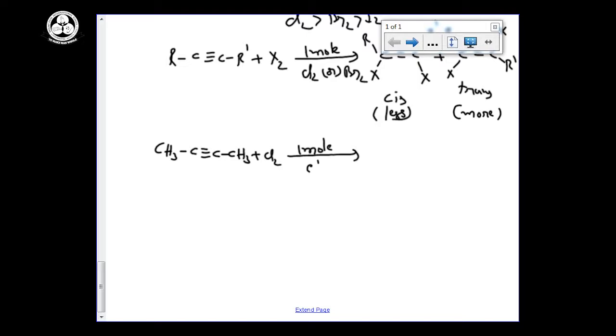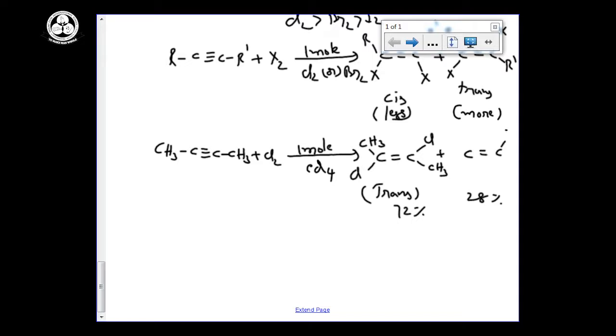Halogenation in presence of CCl4, you can get the answer: trans is more stable. So first I write the trans form, that is CH3, Cl, and CH3, Cl. The trans form is more stable, around 72%. The remaining 28% we can get as the cis form.